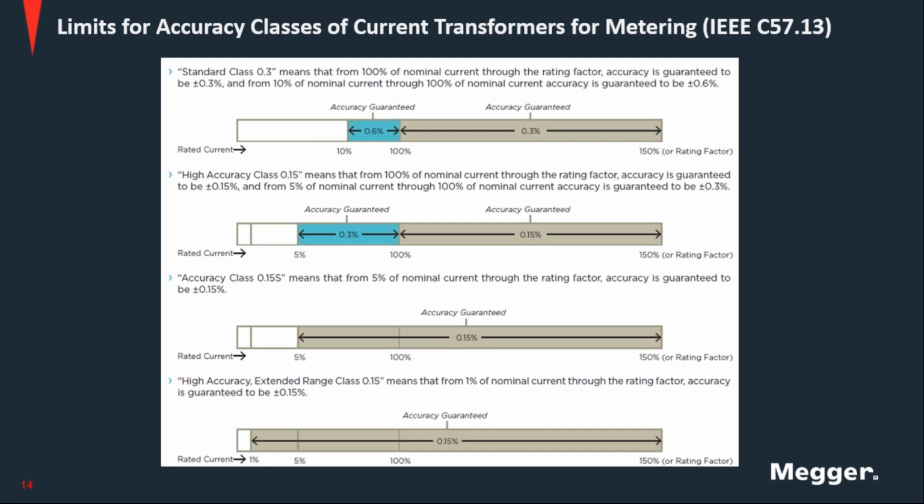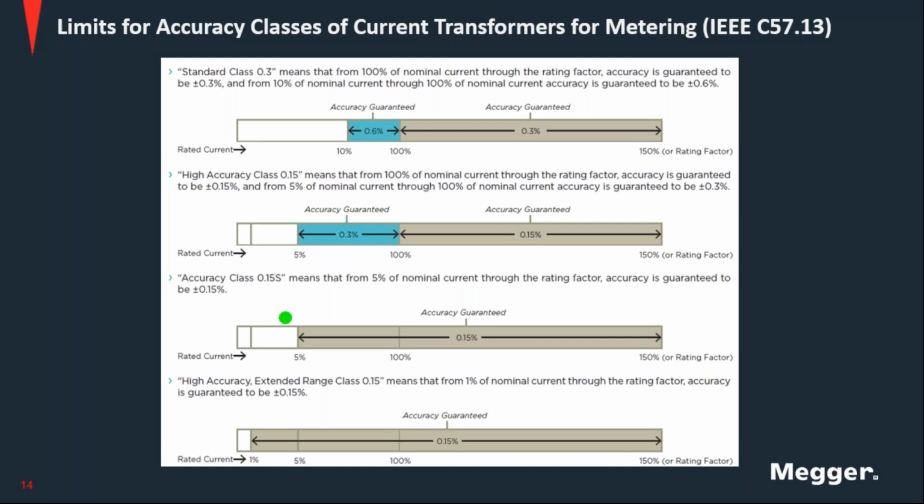Then you can see how the 0.15 extends the accuracy range down to 5%, but it's still half of the accuracy when you have 100% of the load. Now, the new accuracies that were defined by C57.13.6 are the high accuracy instrument transformers.